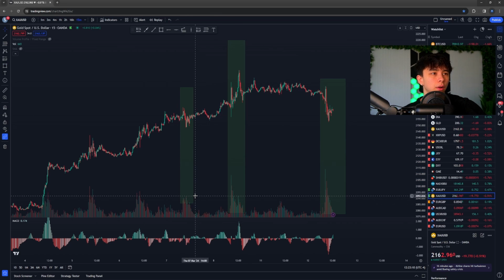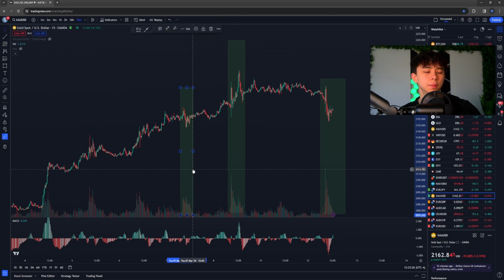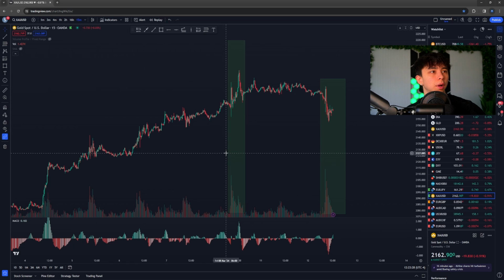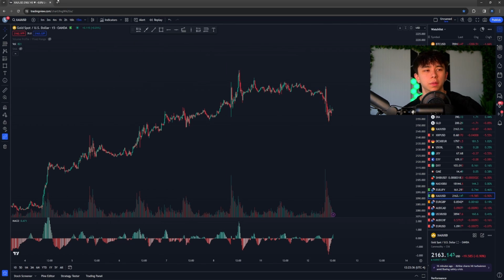That's great and all, but it doesn't really help too much, because a lot of the volume is going to be right around that New York session. As you can see, 9, 9, 9, and that's EST time. So that doesn't really help too much, but volume can help show you when the momentum is kind of dying out a little bit.